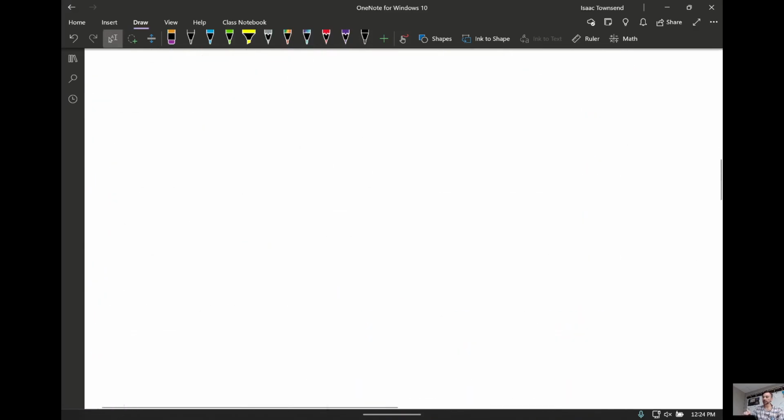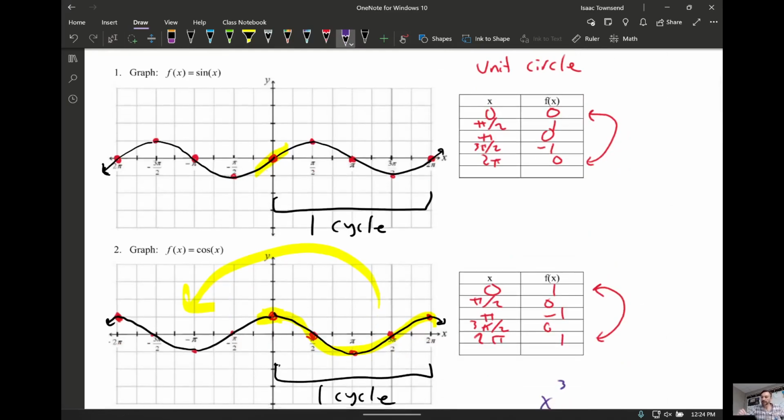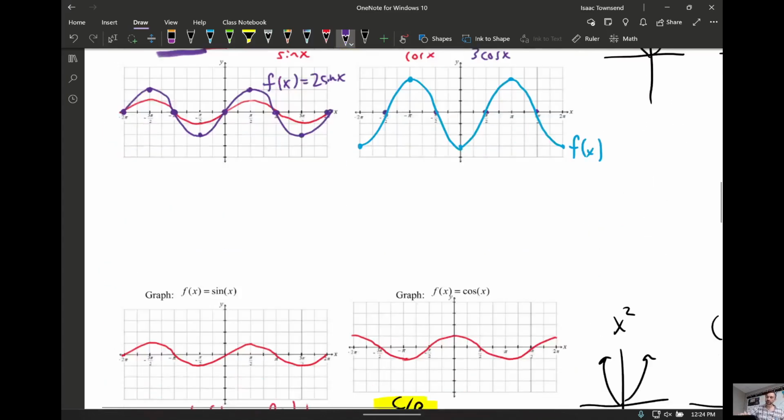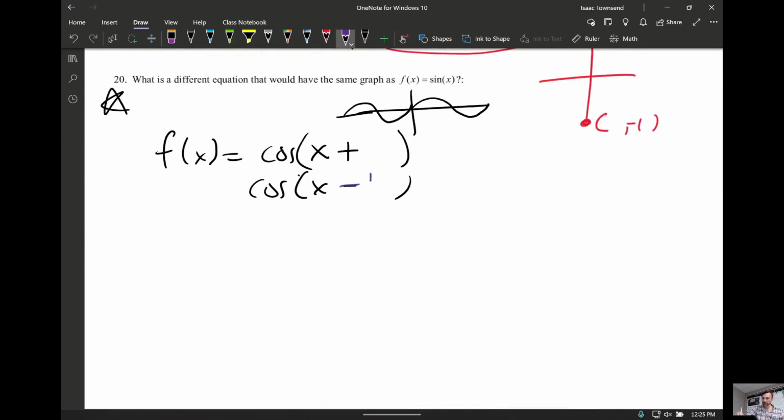So notice cosine, if I look back at page 1, if I take this point on cosine, I could either move it this much to the right, which would land here and be consistent with the sine graph, and that would be right pi over 2, or if you'd rather go left, you could.